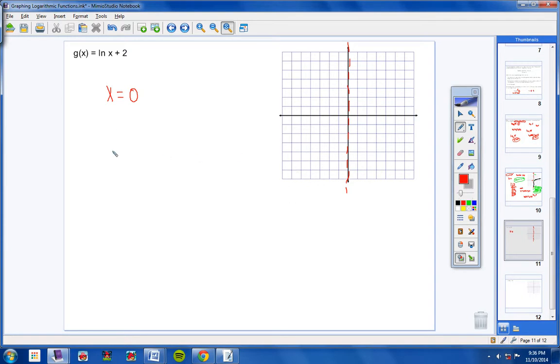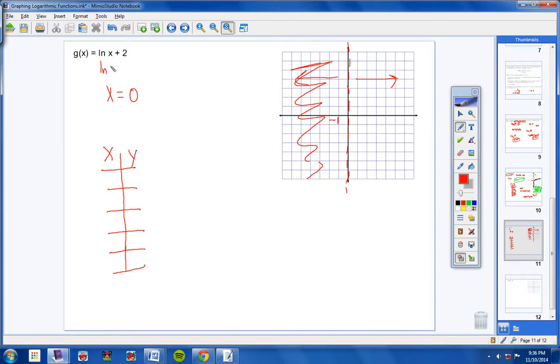Now, let's go ahead and make a table of values here. And now think about it, guys. The graph is either going to be on this side or this side. There's no way it can be over here. If you put a -1 in for x, you cannot take the log of -1.